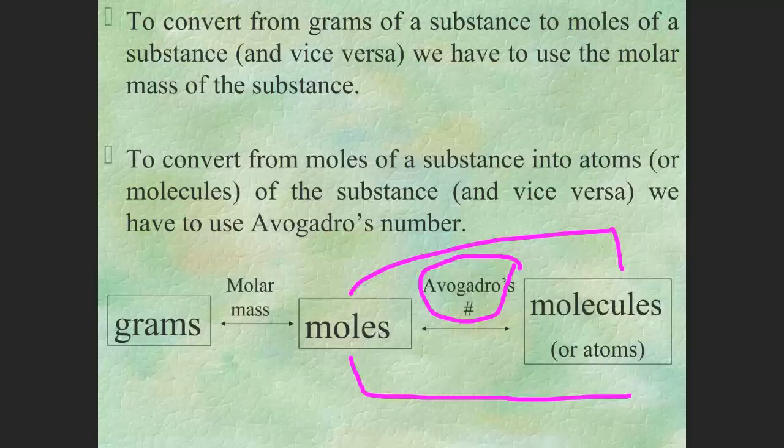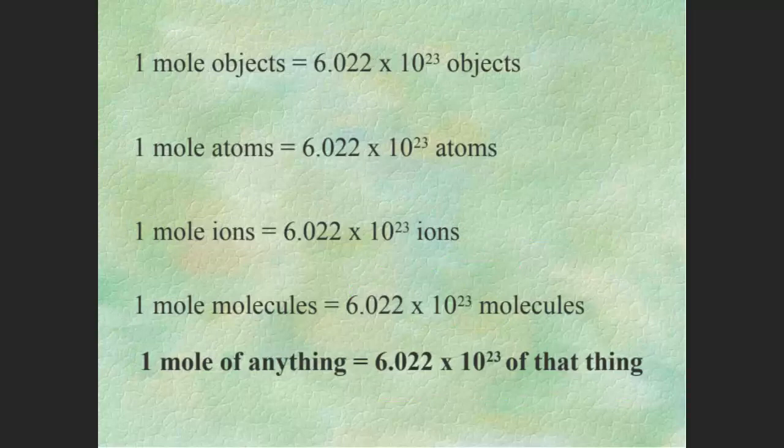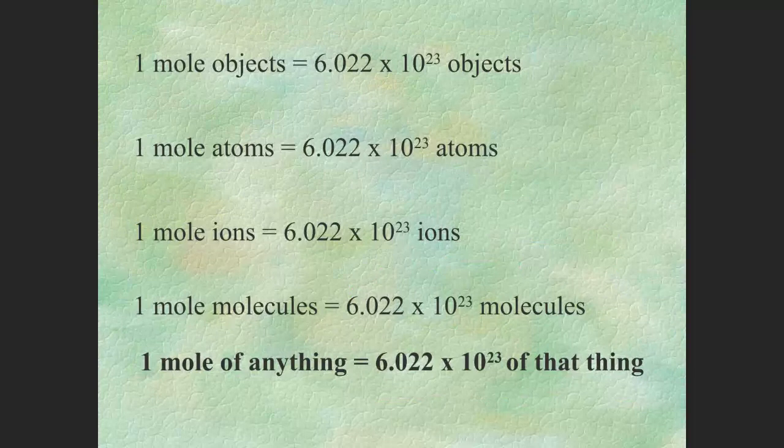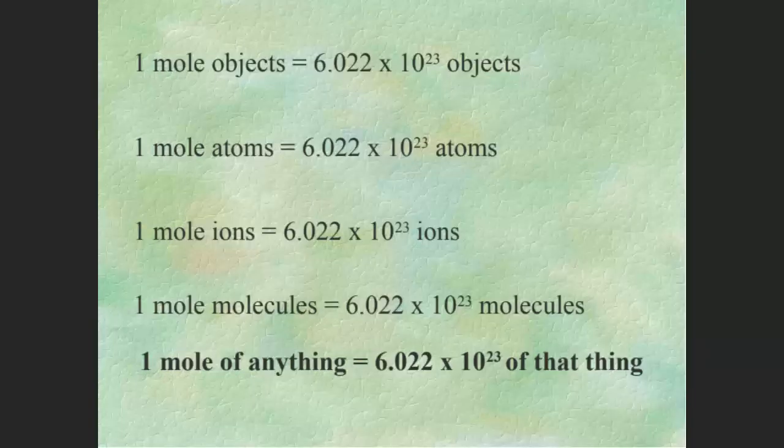I want to repeat one more time: 1 mole of atoms means this amount of atoms. When we talk about ions, it means this amount of ions. 1 mole of molecules means this amount of molecules. 1 mole of anything means this amount of anything, and this is a standard value, the Avogadro number.